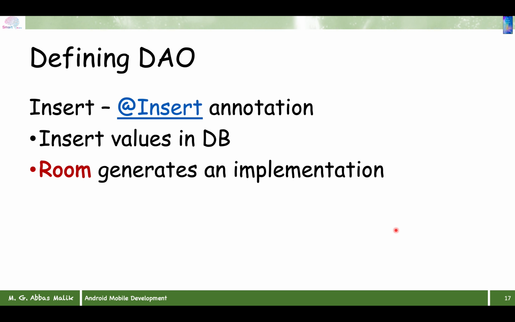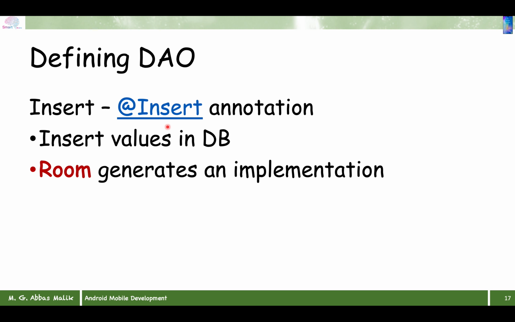So, defining the DAO: the @Insert annotation inserts values in the database. When you put @Insert on a specific method, it means that this method is going to insert some information in a database based on the parameter that you are passing.